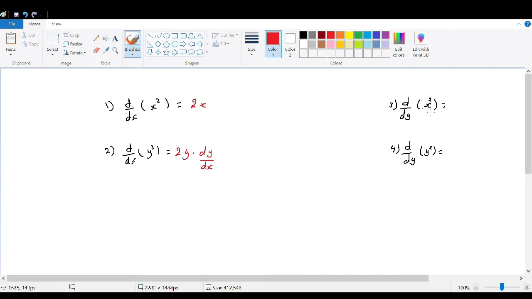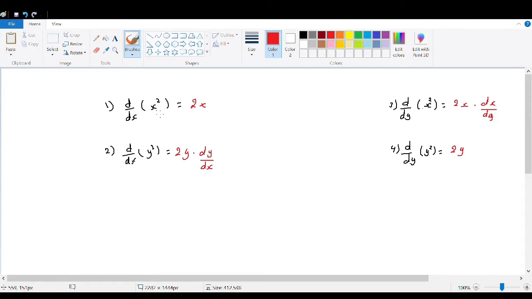In the same way, here we have d over dy of x squared. So our function is a function of x. We differentiate with respect to y. So the derivative will be 2x multiplied by the derivative of x with respect to y. For this one, we have the derivative of y squared. We differentiate with respect to y. So that means the derivative will be 2y only.